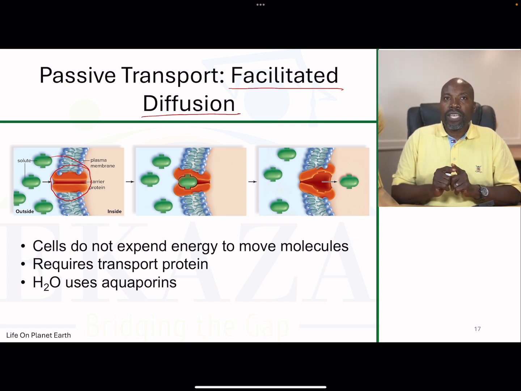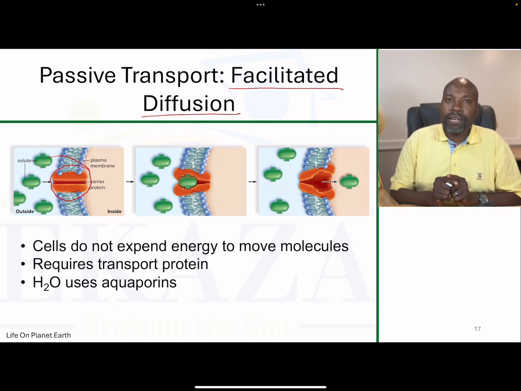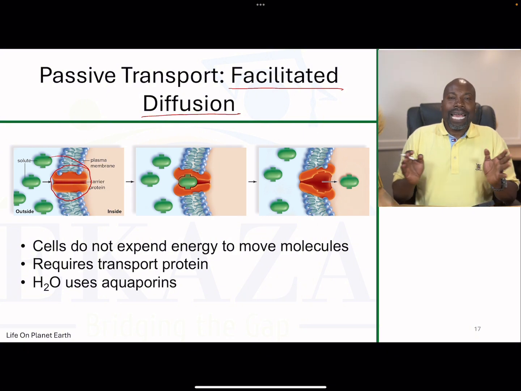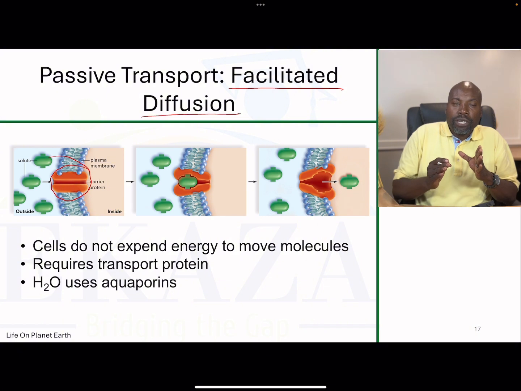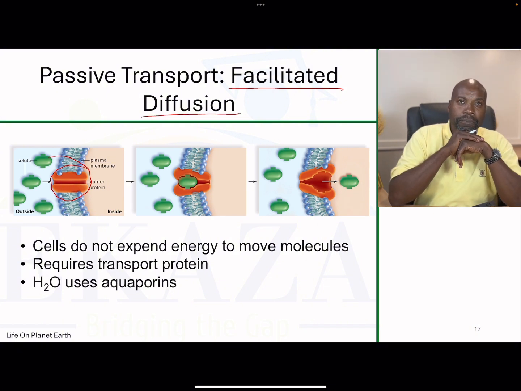That transport protein does not require energy to be activated. No, no, no. It's almost like a channel that is just open. That open channel is only going to allow chemicals that match the shape of the channel.